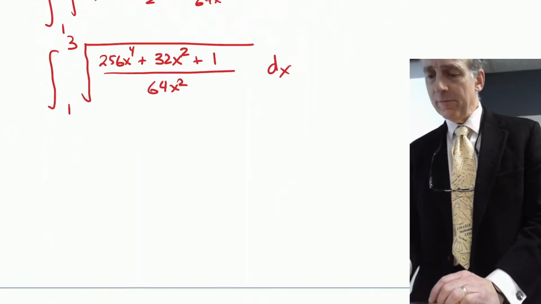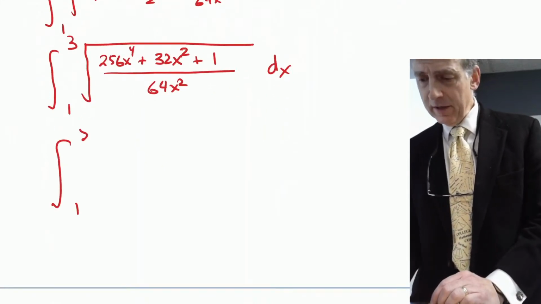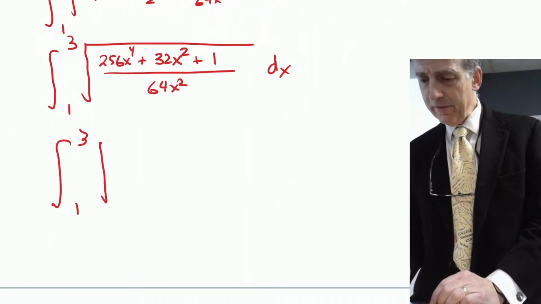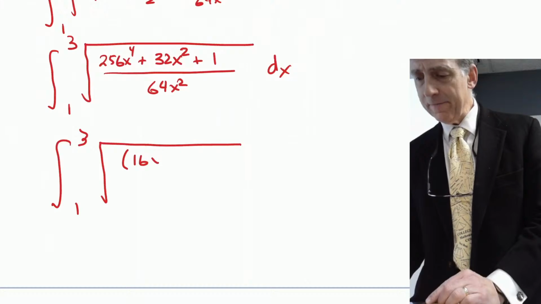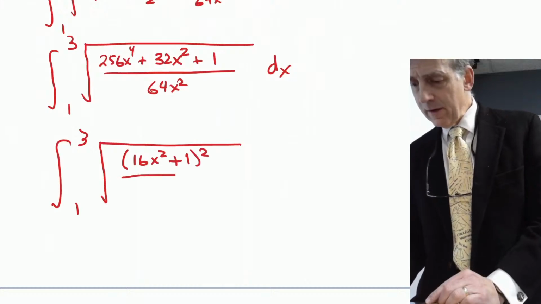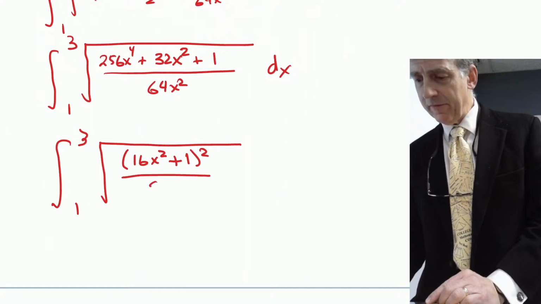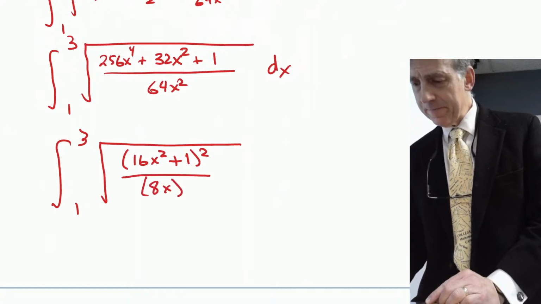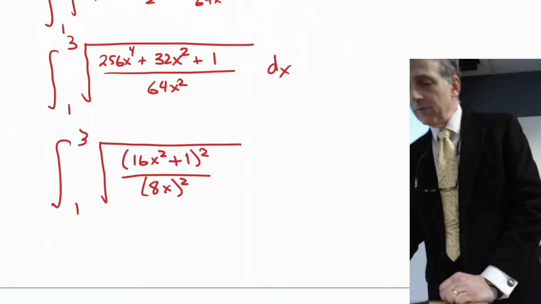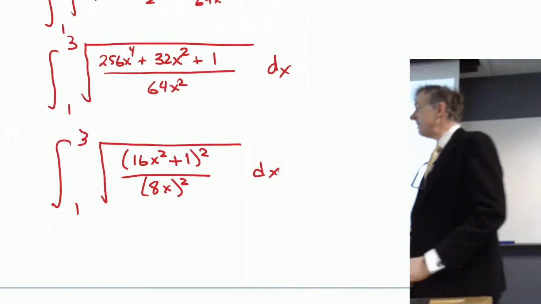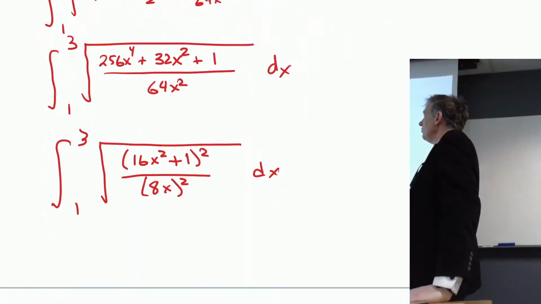Now, you might notice, maybe not, that the top trinomial is a perfect square. And the bottom thing, of course, is a perfect square. So I'm not sure if you would notice that or not, but you can factor the numerator of that fraction.